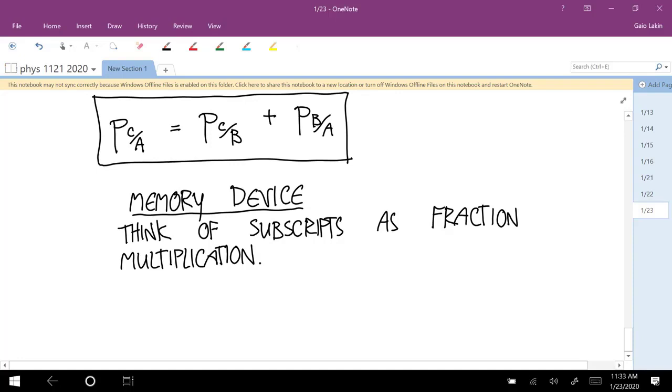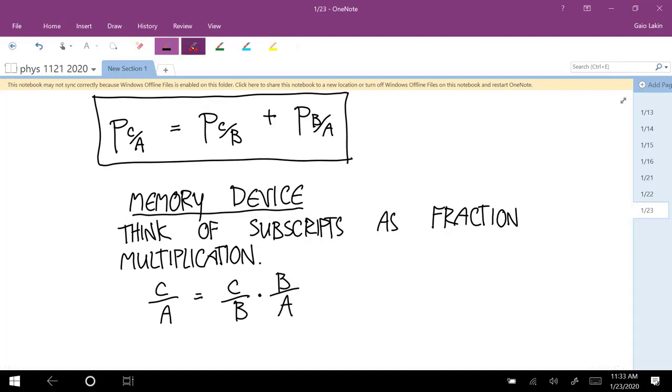Then the order of the subscripts is right when the fraction multiplication works out. Okay, so what I have here is C over A is equal to C over B times B over A. The B's cancel. And so you know that you have this in the right order. Okay, any questions about that?